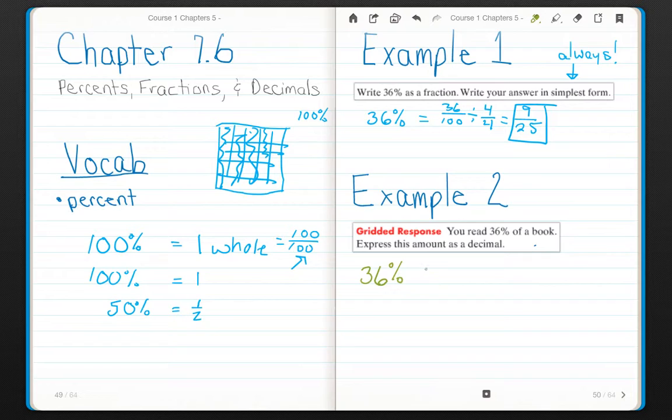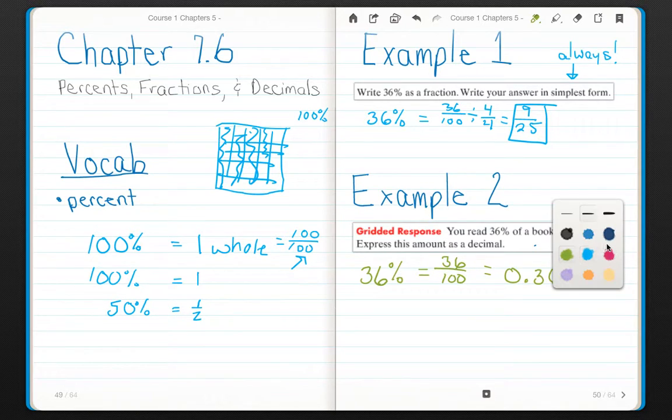Method number 1 is to write it as a fraction first, 36 100ths, which is the same as 0.36. Remember that 6 goes in the hundredths place, and that's why we say the number hundredths.